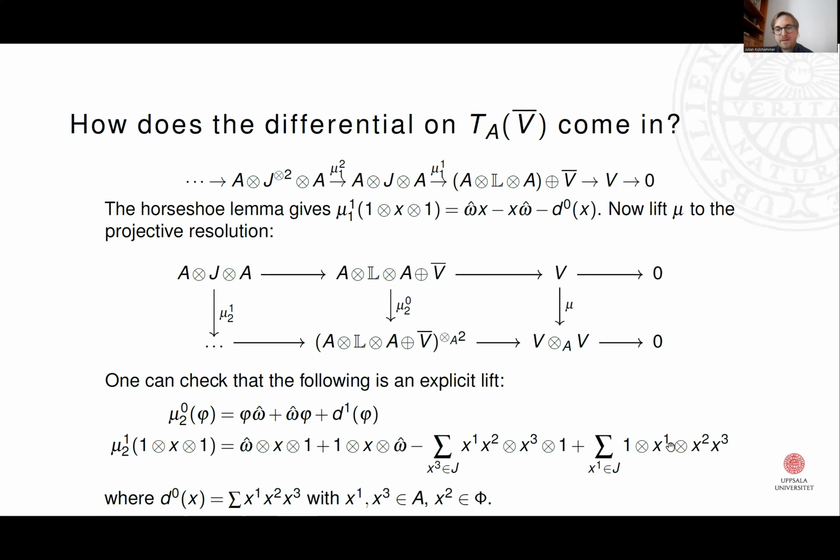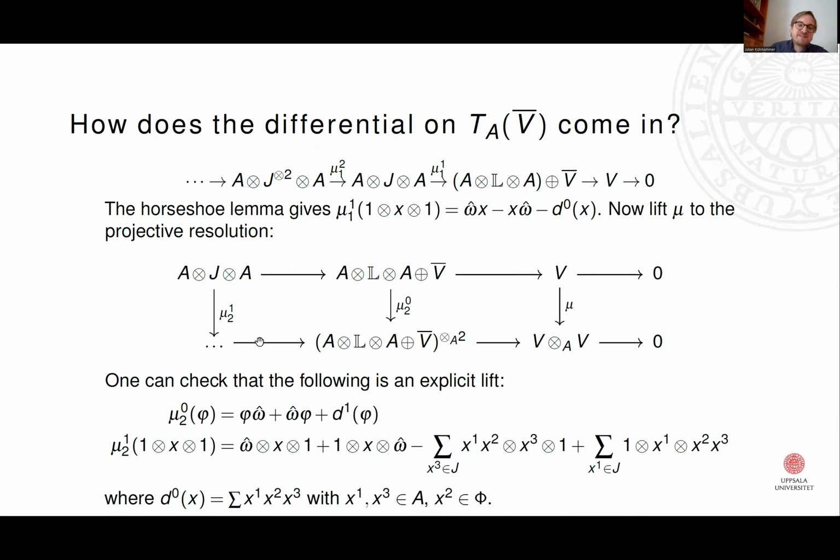So it will be these two terms. Hopefully you can imagine this works. I think it takes a few pages to really check that these are possible lifts. We actually do it for all degrees in the case of mu2. And now you have mu2.